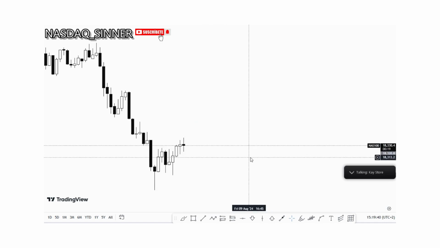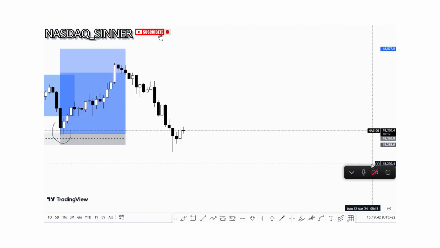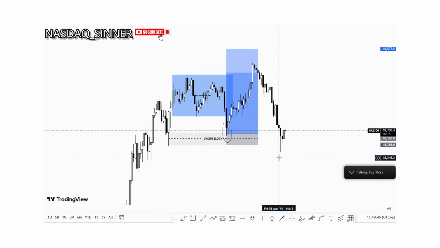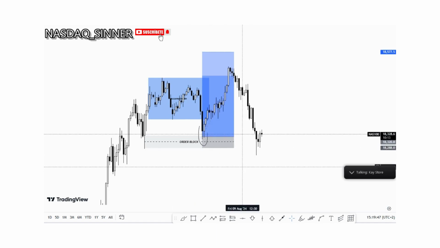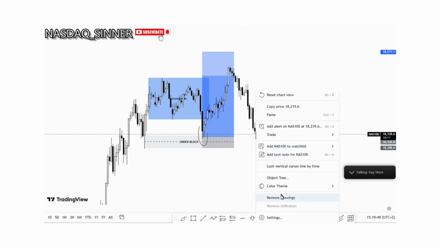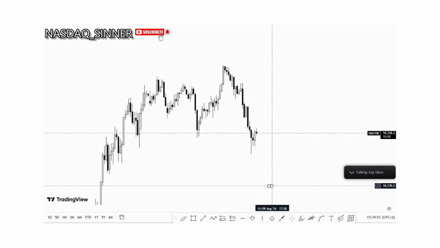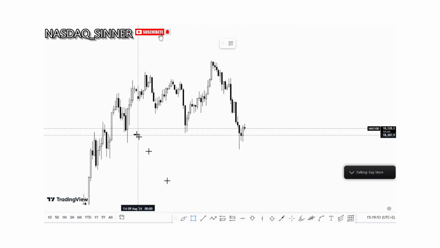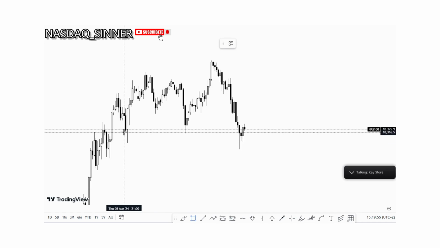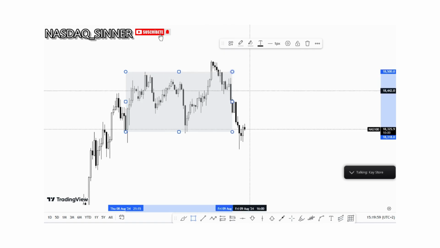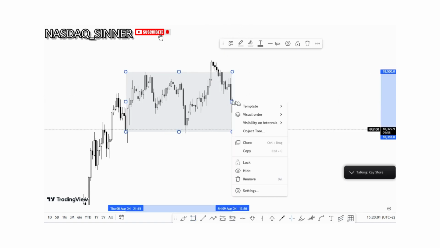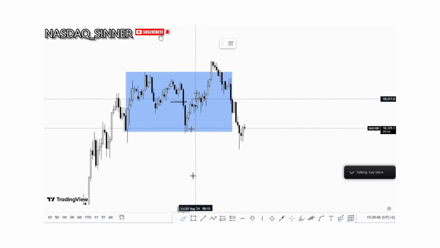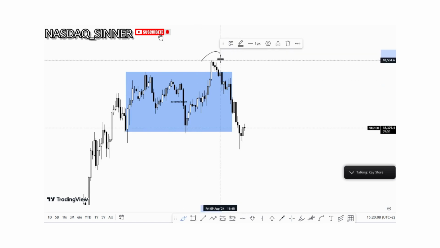So I'm just gonna try to analyze NASDAQ as well, because as you could see, it already did its own thing over here. So it's kind of hard for me to be able to utilize these coming opportunities. So for NASDAQ, I'm gonna say this was my accumulation level over here, right? As you could see, I'm repeating the very same thing over and over. So you just have to know where to apply it and when to apply it.